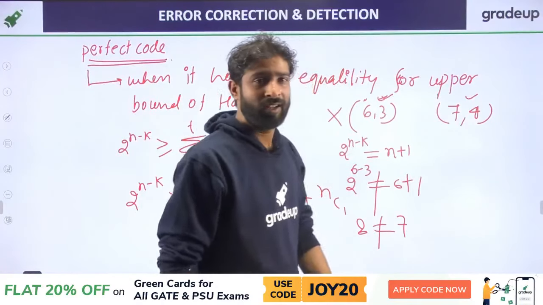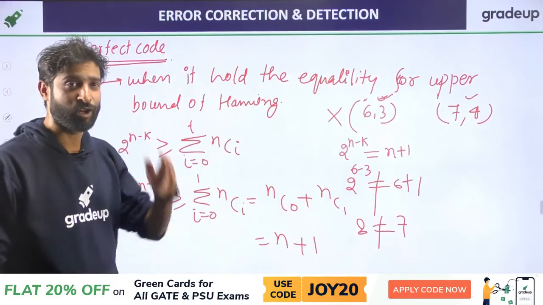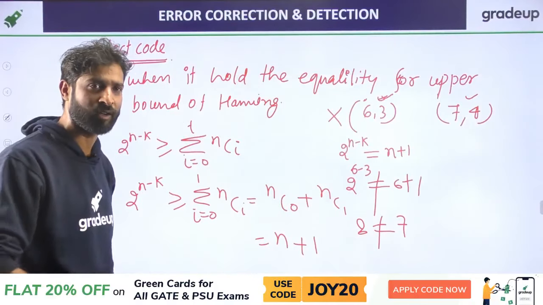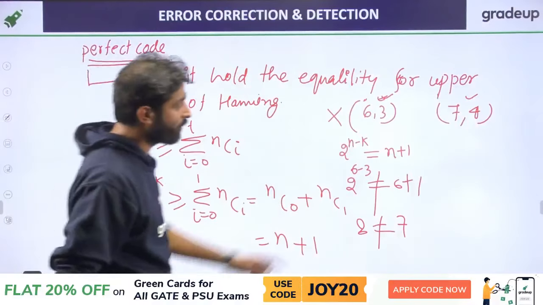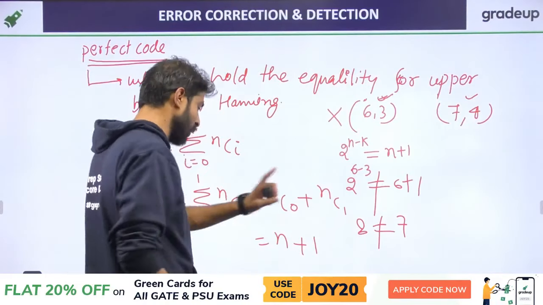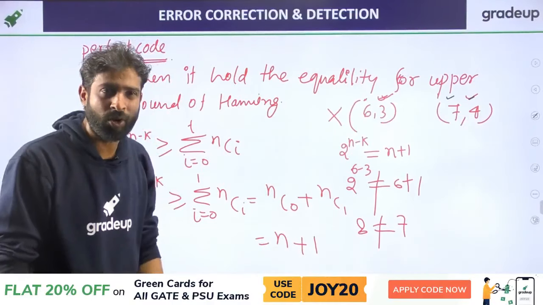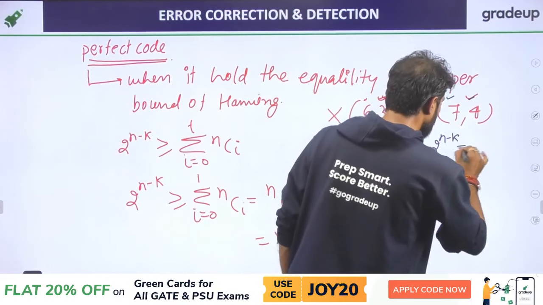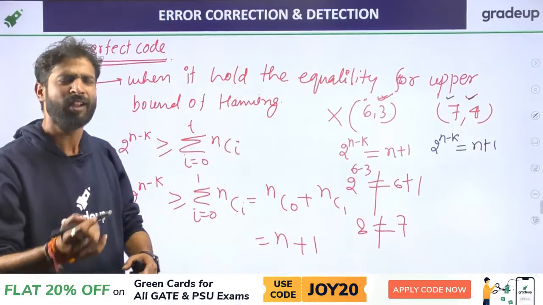Now we can say, actually in the class, the error correction and error detection topic is going on, right? Yes, Lavanya correct. (7,4) is a perfect code. Krishna correct. Kishan Tripathi, very good, your answer is right. (7,4) is called the perfect code. How can we say that it is a perfect code? Just remember one thing: 2 raised to power n minus k should be equal to n plus 1 for single error correction.